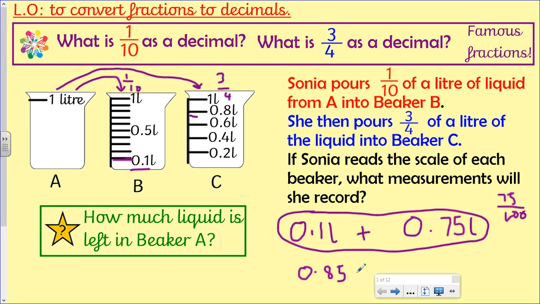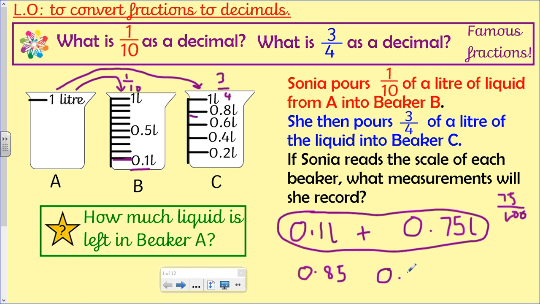So thinking about what she's got left then, 1 litre would be 1 whole. So we need to think about what we'd add to 0.85 to make a whole. I would think of it as 85. What would you add to 85 to make 100? Hopefully you can see that that is 15. So it's all connected.